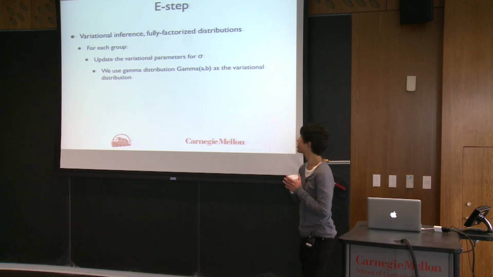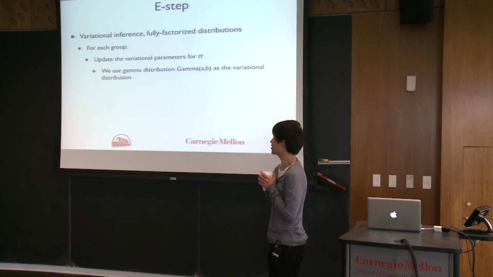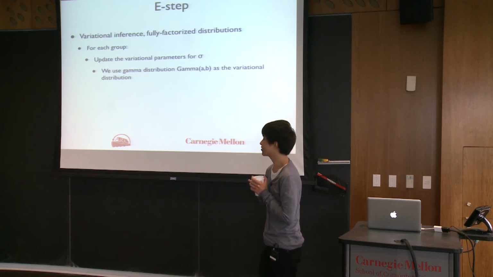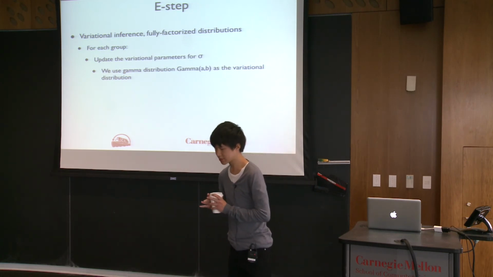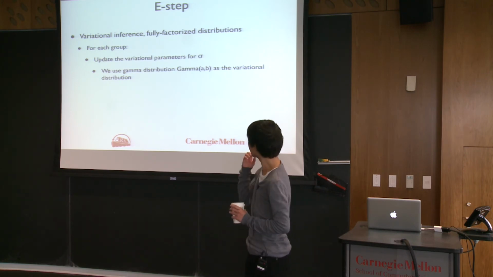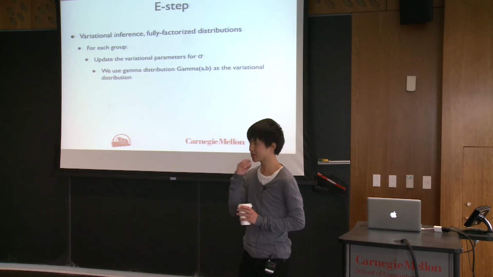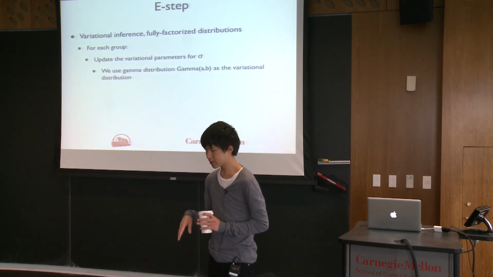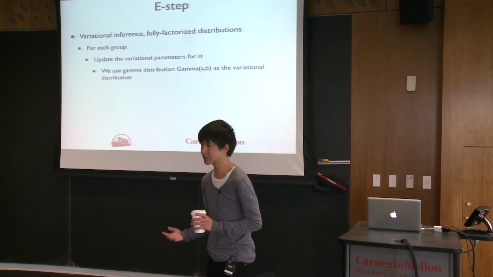OK, so more specifically, we use fully factorized distributions in this step. So for each group, we need to update variational parameters for sigma. For the variational distribution, we use gamma distribution.